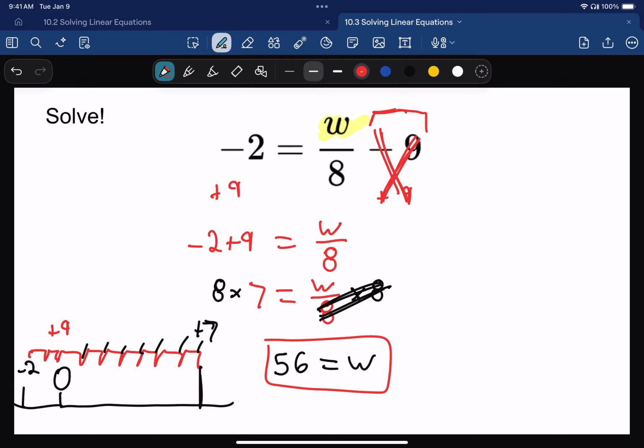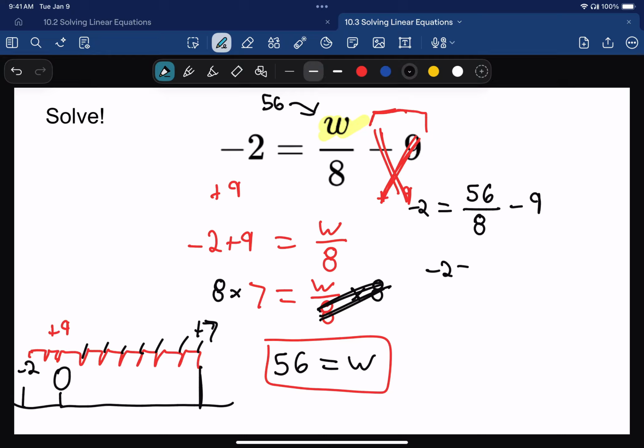And so we can once again test that out by plugging and chugging. Let's plug in 56 for w, and we will get 56 divided by 8 minus 9 equals negative 2. Okay, so 56 divided by 8 is 7.